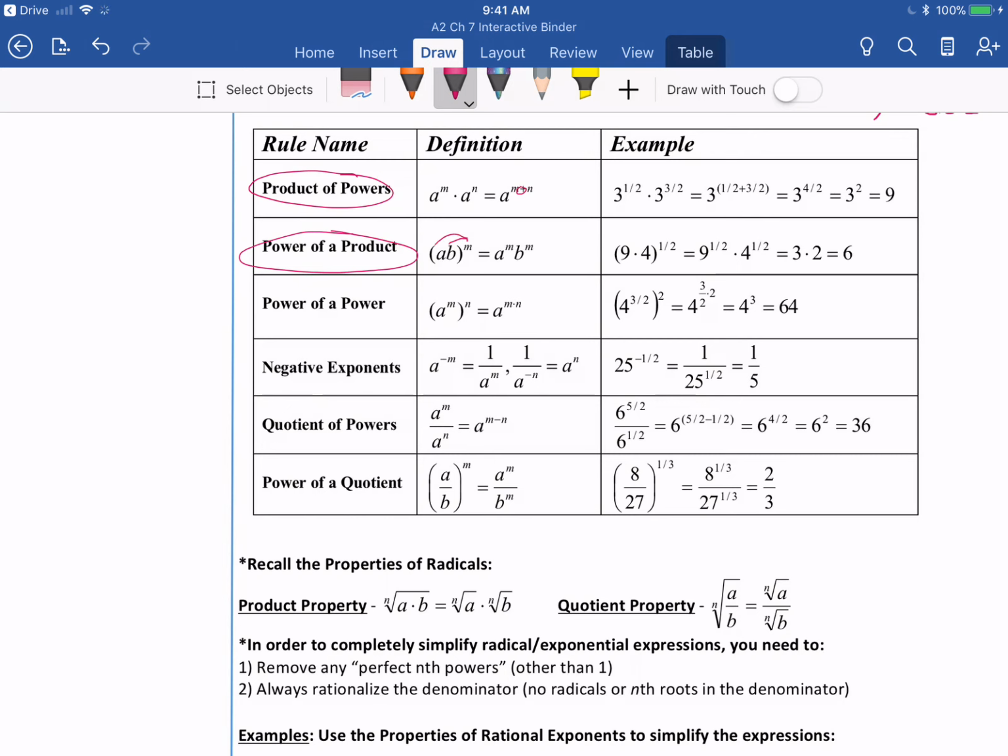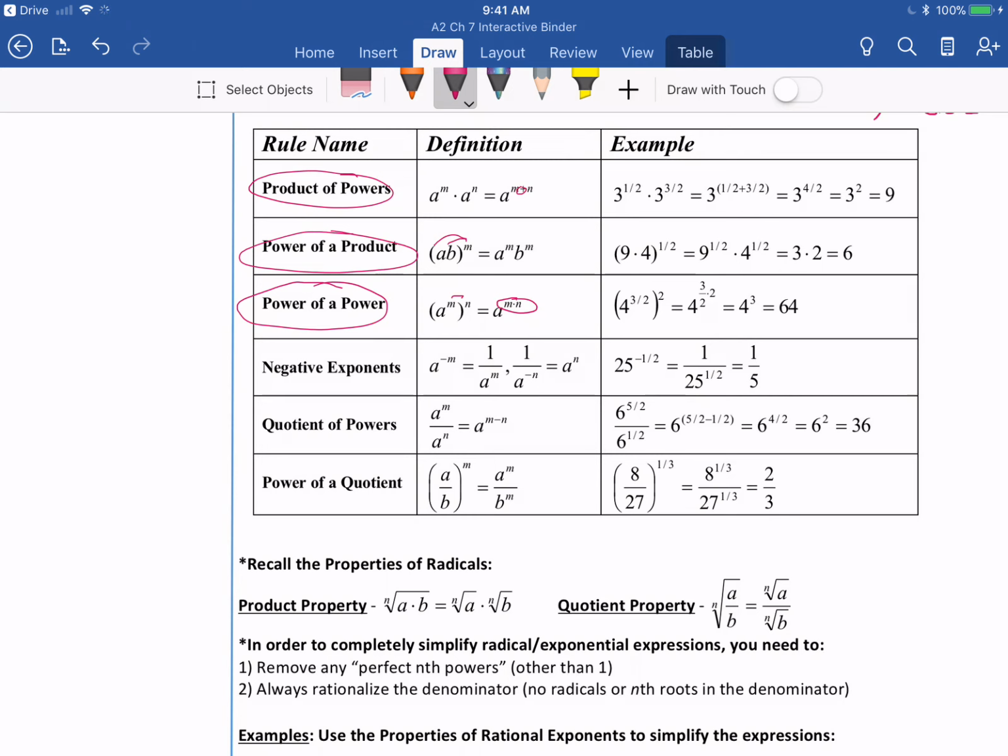You can just distribute that m onto both those guys. Power of a power, that's the one where we take n onto m. If it's raised to a power, then you multiply those exponents. All right, and negative exponents, we talked about that in the last lesson: if it's negative on top, it moves to the bottom. If it's negative in the bottom, it moves to the top.